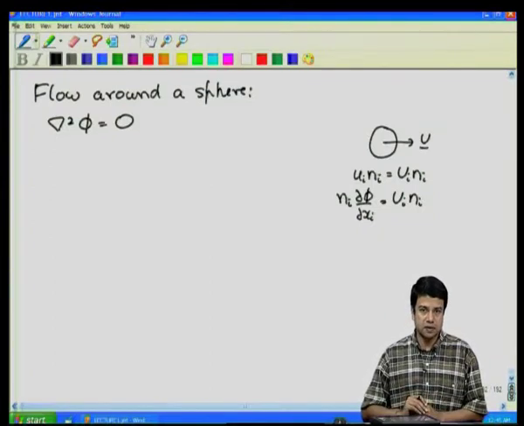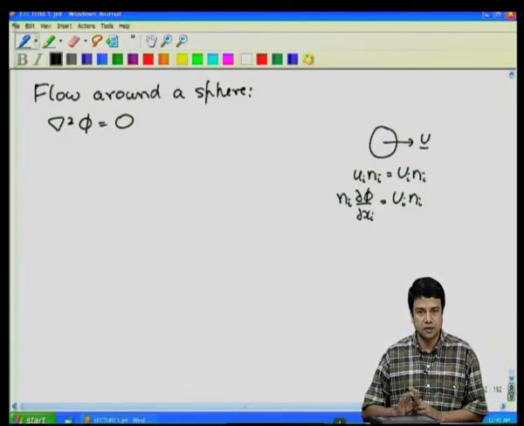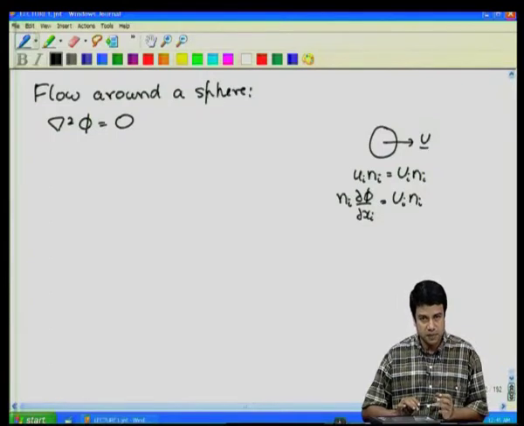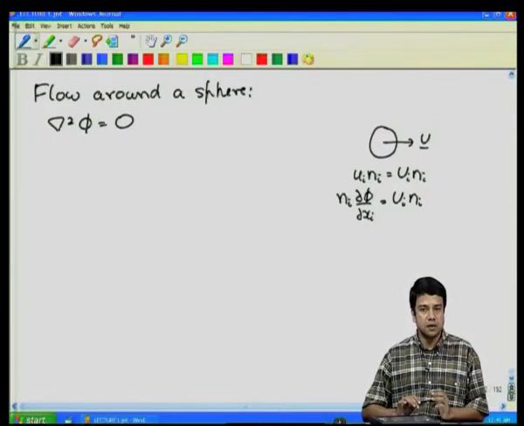Clearly, the potential is a linear function of capital U, because when I take its gradient and dot it with the unit normal, that has to be equal to capital U dot n. N itself is a unit normal on the surface. So, if the potential is a linear function of capital U and it satisfies Laplace equation, the velocity on the surface of the sphere is equal to U dot n.